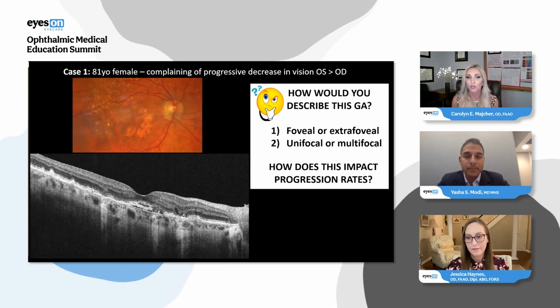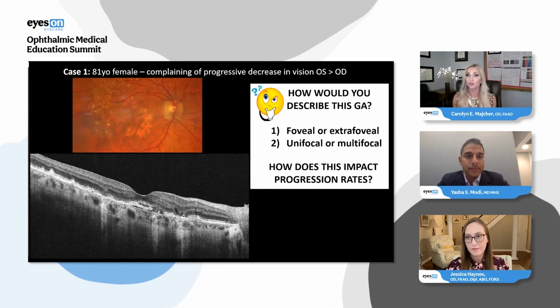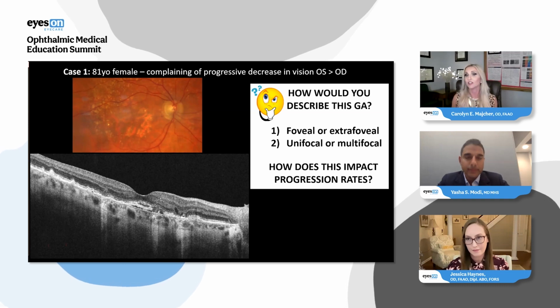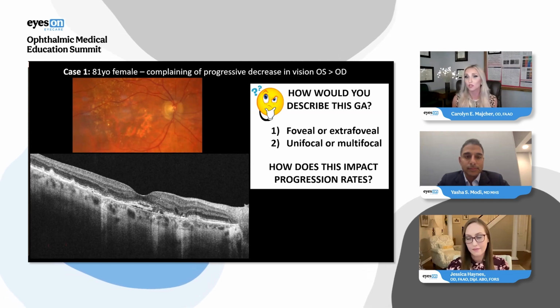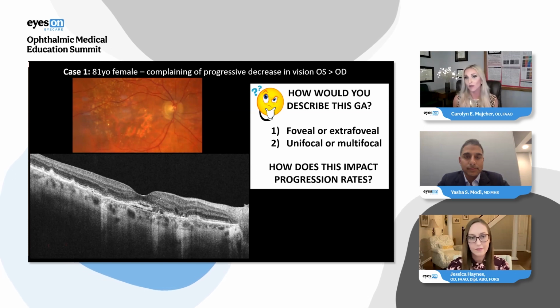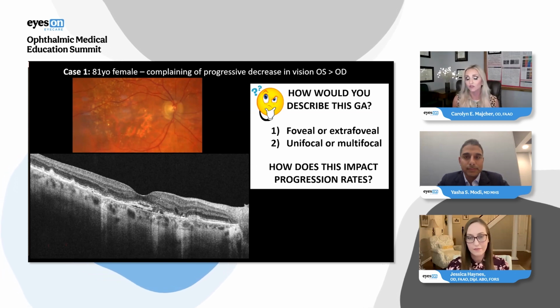Yeah, I think that's a great point. And the fact that it's bilateral as well puts it at a higher progression rate compared to, let's say, if it was unilateral. So just based on the presentation thus far, we know that the progression rate for this eye is probably going to be faster than perhaps other phenotypes of geographic atrophy.